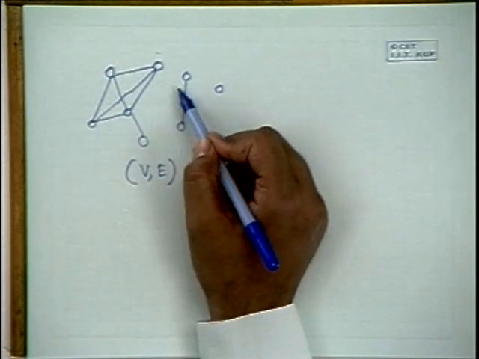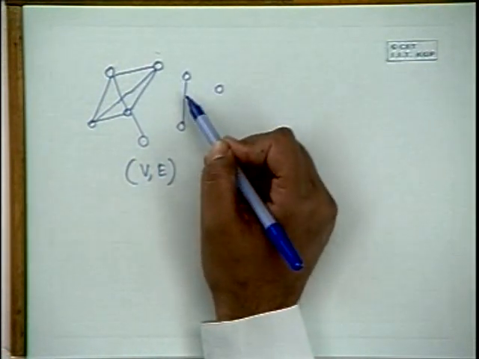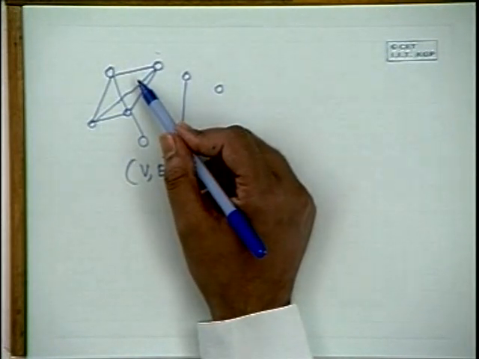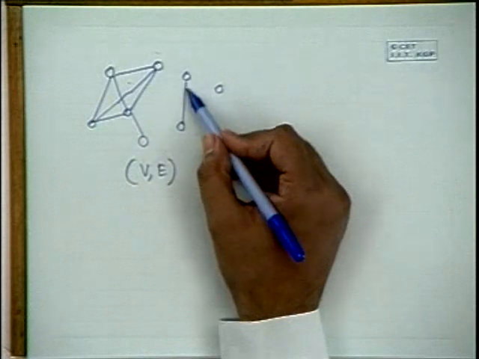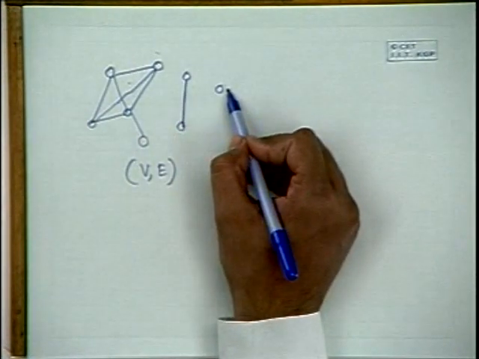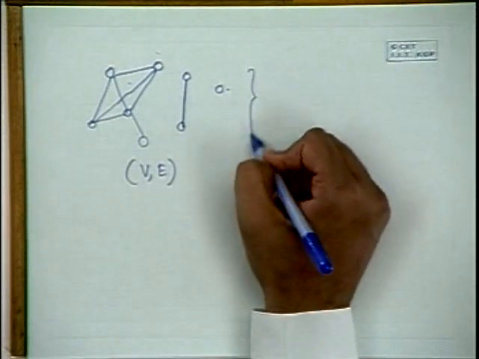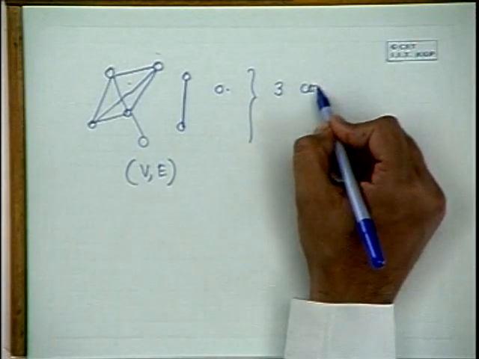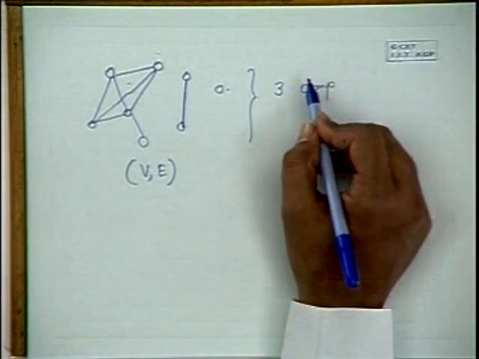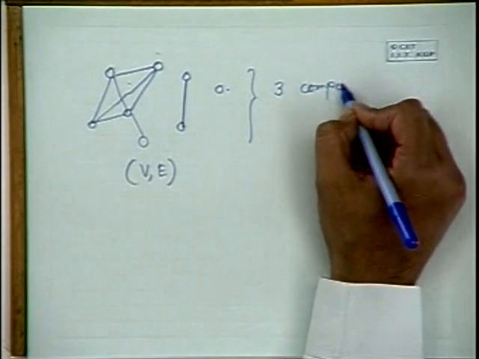You cannot include any more vertex from the rest of the graph so that this component remains connected. This is one component, this is another component, and this is the third component. So there are 3 components. Sometimes we drop the word connected, so instead of connected components, we say 3 components.